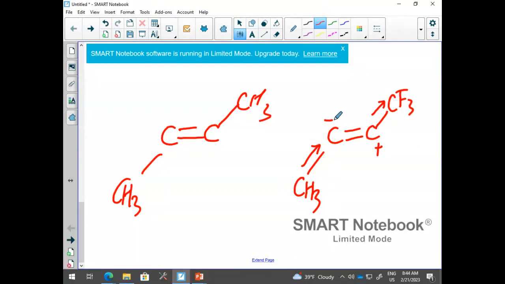So this CC double bond becomes polar, and it has a sizable ability to absorb infrared photons through the CC double bond stretching, because this CC double bond is actually polar.